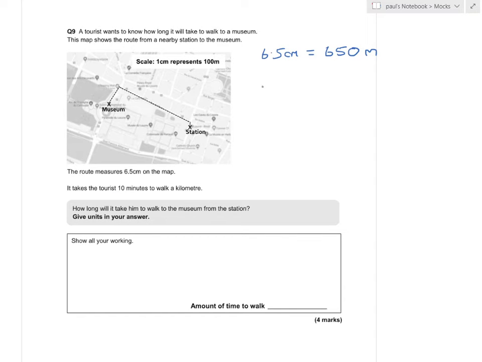Now it takes 10 minutes to walk 1 kilometer, which is 1,000 meters. So to walk 650 meters, all we need to do is multiply the 10 by this fraction here. 650 over 1,000 equals 0.65.